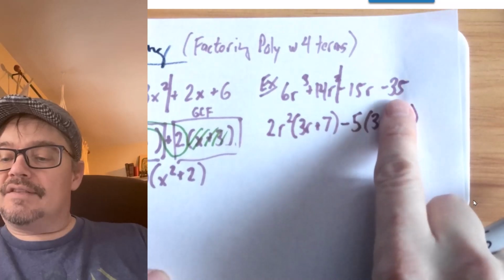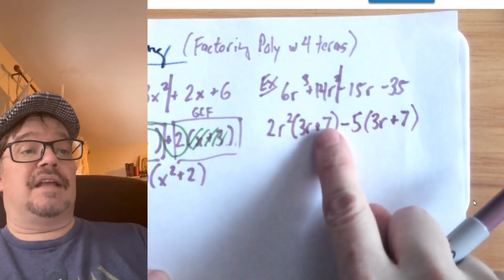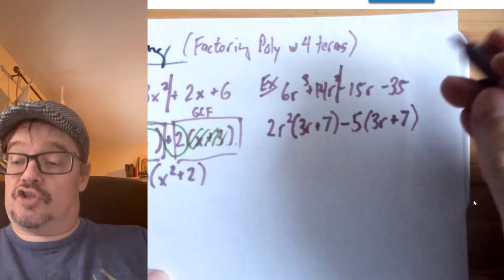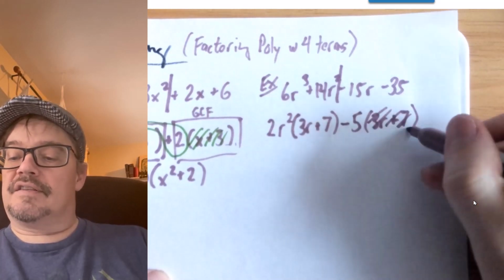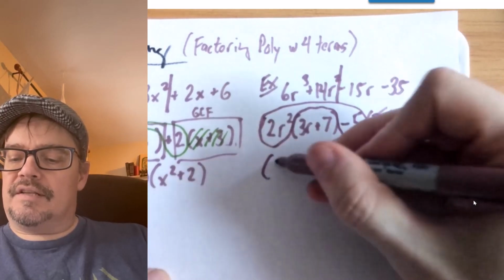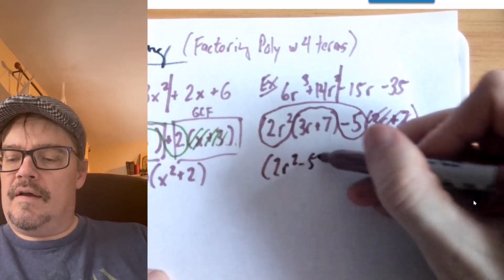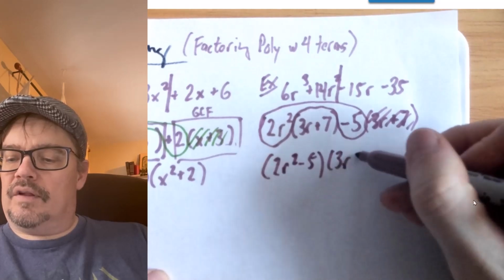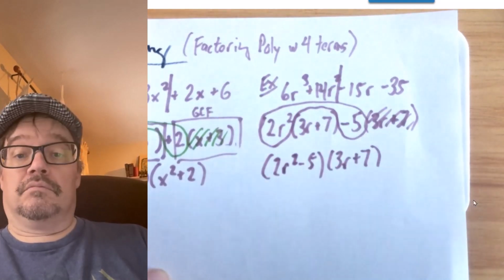Because I took out the negative sign, it becomes positive. And notice now that they completely match. So you can just think of it very simply as one parenthesis. Let's put this guy in front this time. Doesn't matter. And we'll put the 3r plus 7 there. It's factored. That's simple, okay?